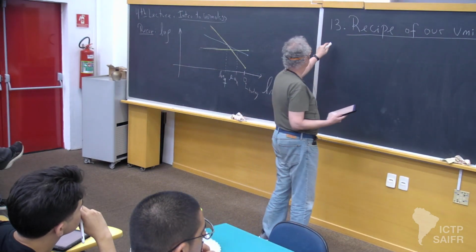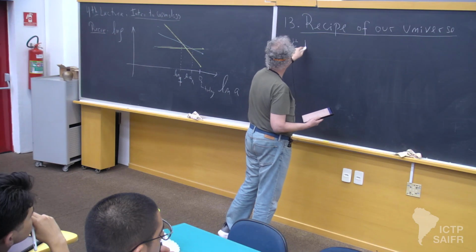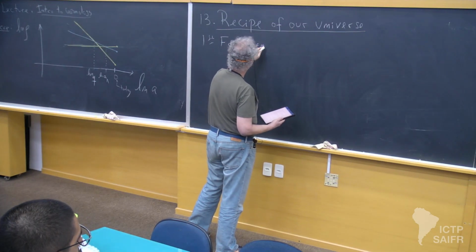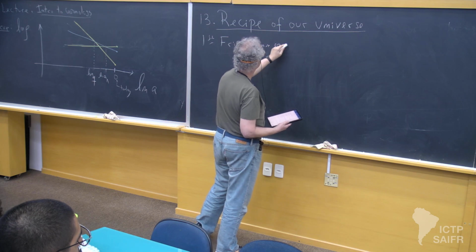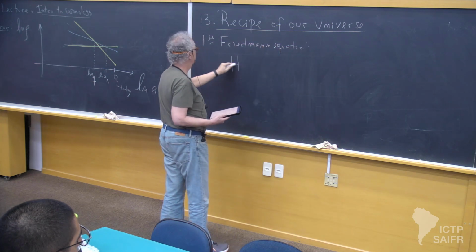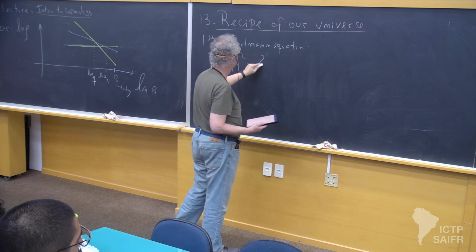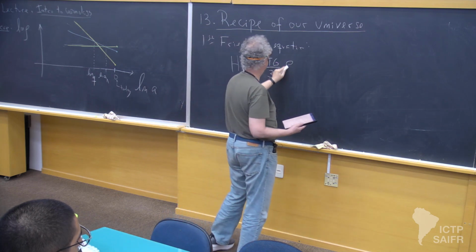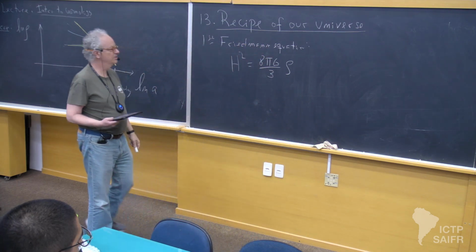So first, we're going to start with the Friedmann equation. Just to remind you, this is the Friedmann equation: 8 pi G over 3 times the total energy density of the universe.